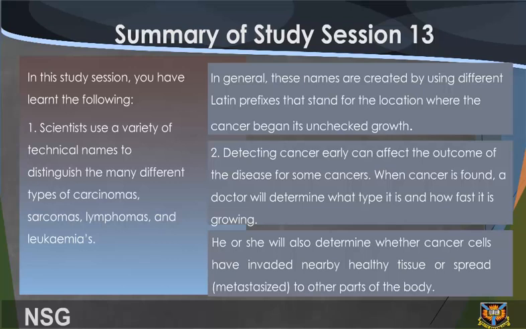Detecting cancer early can affect the outcome of the disease for some cancers. When cancer is found, a doctor will determine what type it is and how fast it is growing. He or she will also determine whether cancer cells have invaded nearby healthy tissue or spread, metastasized, to other parts of the body.